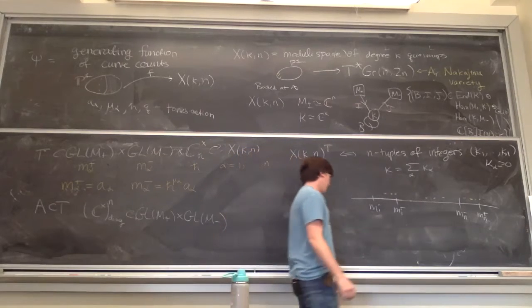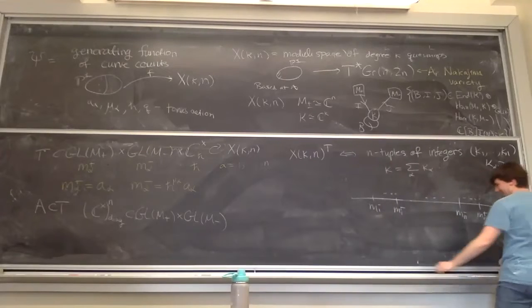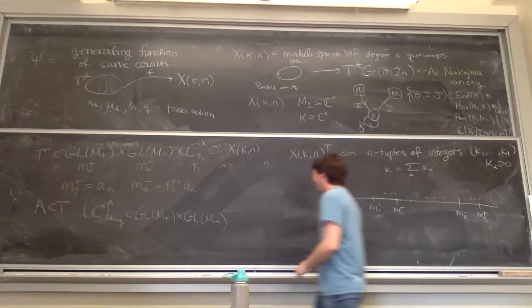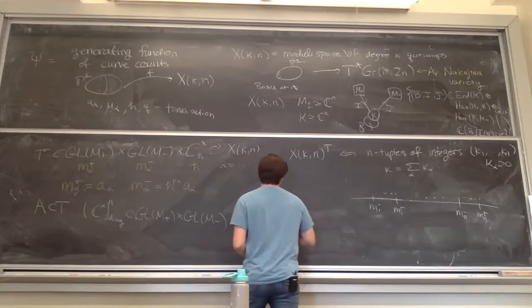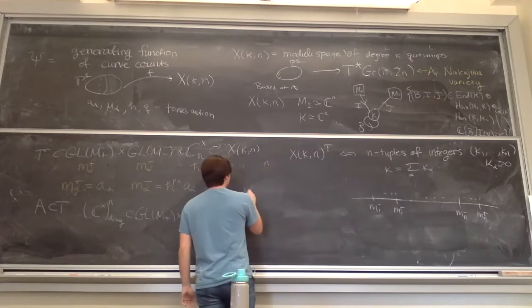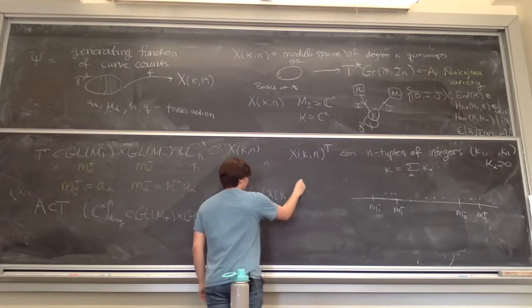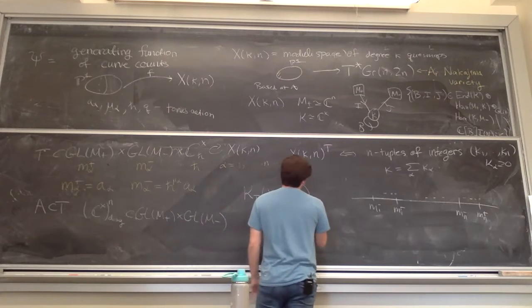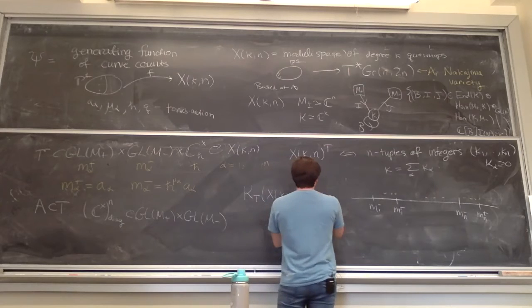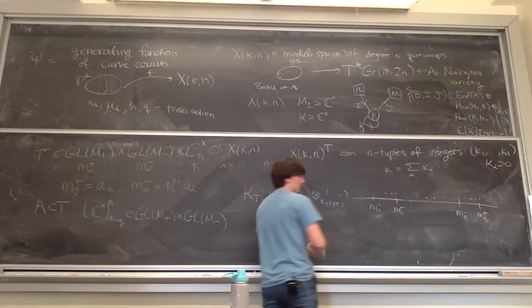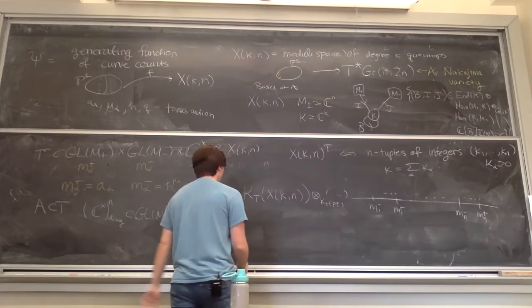Yeah. So eventually, oh, right. I skipped the most important thing. As people who know Nakajima's story know, what you want is the T equivariant K theory of this thing. And for what I'm going to say to be literally true, you need to restrict equivariant parameters to be something generic.